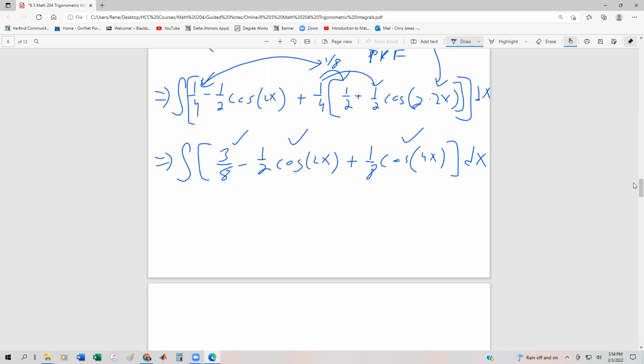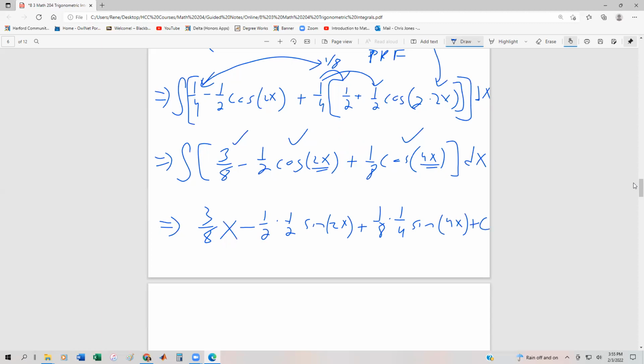And so if we integrate with respect to x, the first one's just going to be 3/8 x, no problem there. Because we're taking an antiderivative of cosine, we're not going to multiply by this interior 2, but we're going to divide by it. So it's going to be 1/2 times 1/2 sine of 2x. And then similarly, because we have an interior function of 4x, and we're taking the antiderivative of that, that's going to be 1/4 sine of 4x.